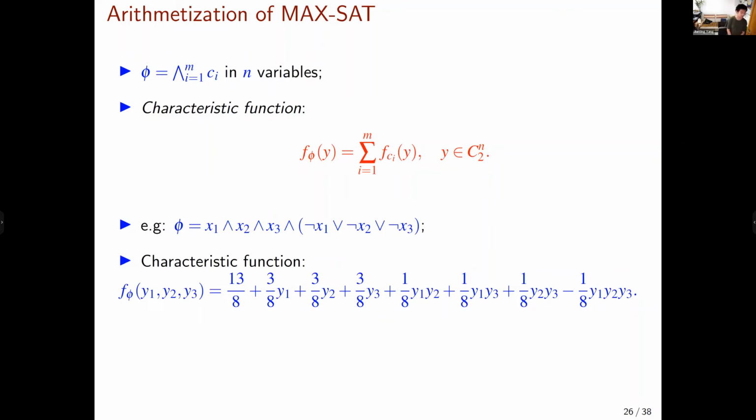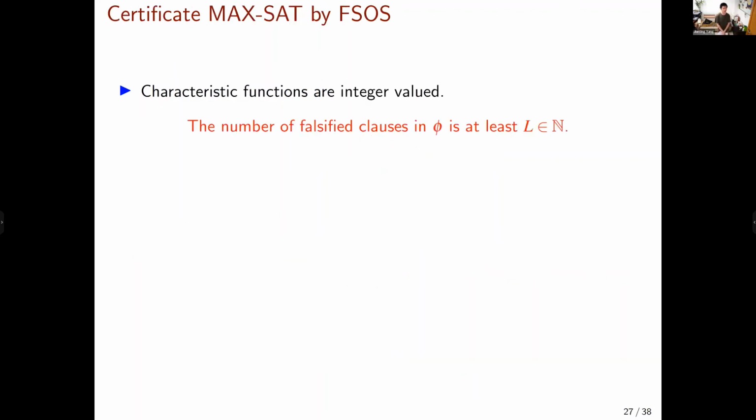For example, we still consider this phi. The characteristic function f_phi is shown on this page. We remark that the value of f_phi for input y equals the number of falsified clauses in the CNF formula phi with assignment y. And we notice that the characteristic functions are always integer valued.